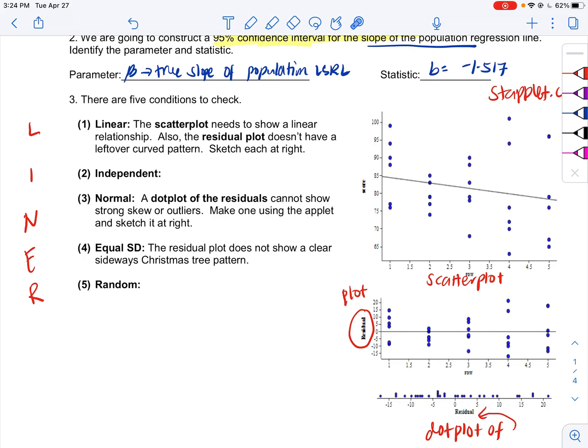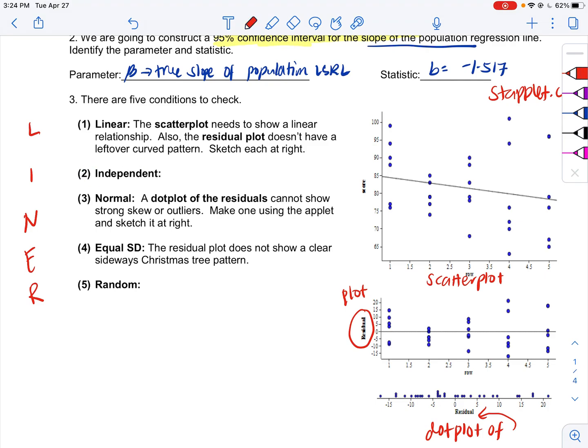Technically what it means is, is there a curve pattern going on in there? It looks like it doesn't have one, so the scatter plot is linear. And for the residual plot, we need to make sure that there is no leftover curve pattern. You remember the negative, positive, negative pattern, or a positive, negative pattern, something like that. If it's not, then we're good to go.